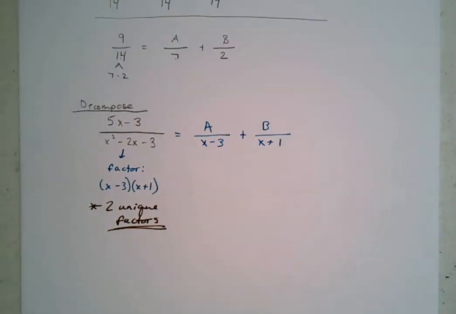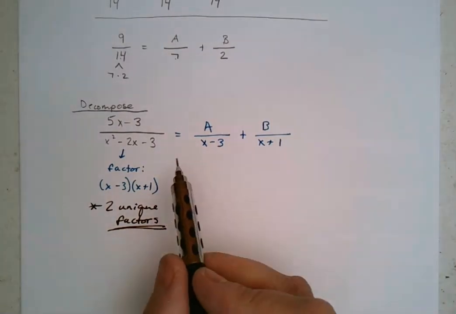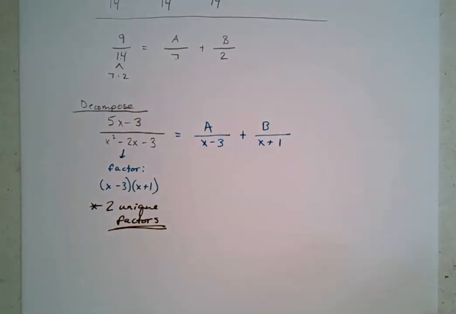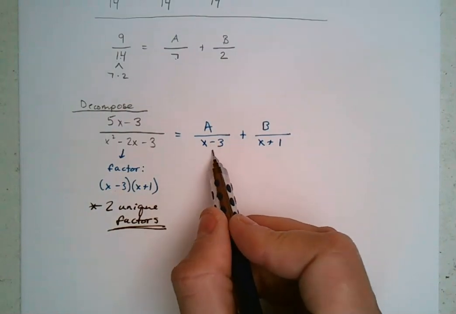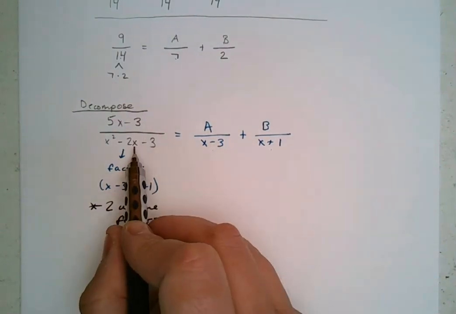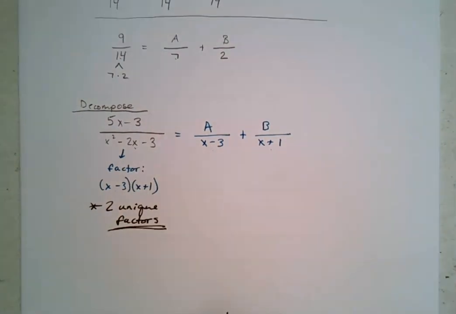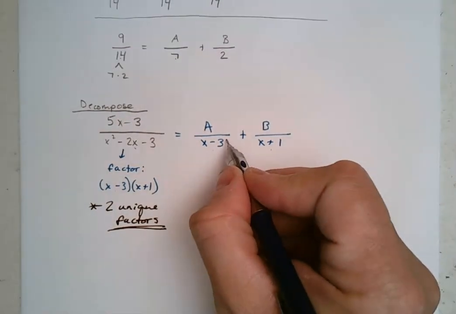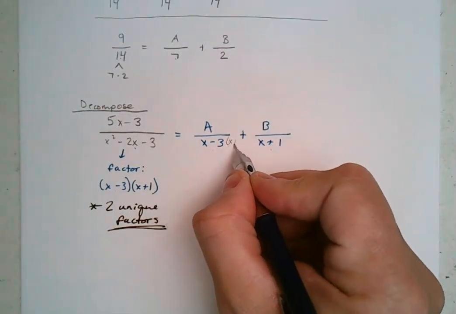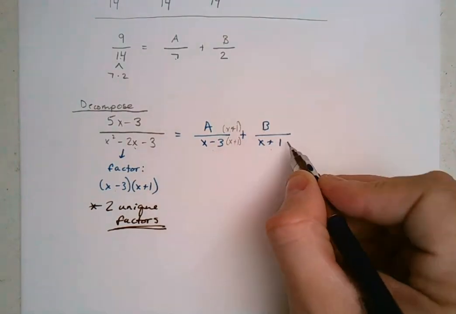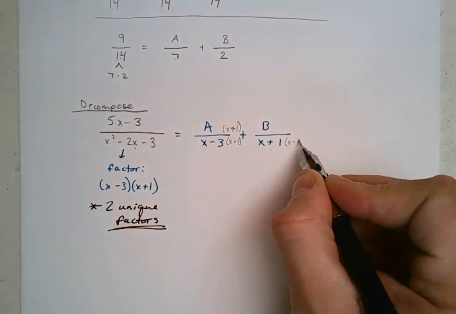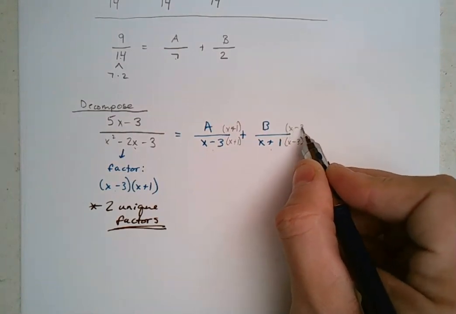Now I'm going to come in pencil, and I'm going to treat this like an elementary school fraction problem. For this and this to give me this, I have to have a common denominator. So this is going to be times x plus 1 over x plus 1, and this is going to be times x minus 3 over x minus 3.